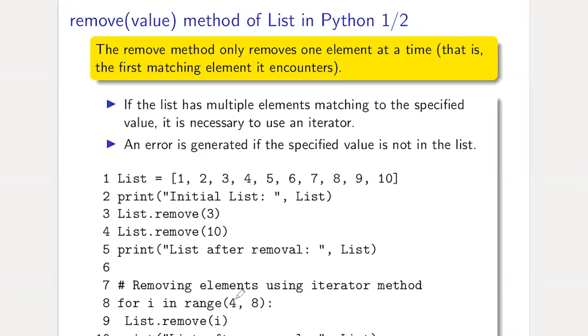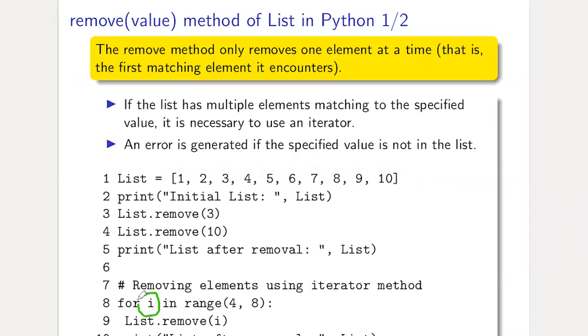And what happens if you want to remove items not in the full list, but only part of the list? That you can do using an iterator. So you can use a for loop with a control variable.